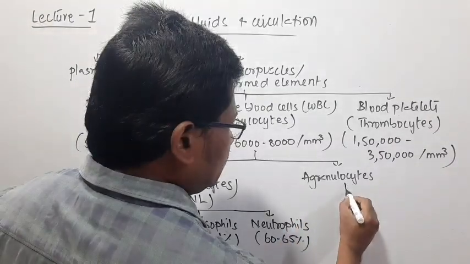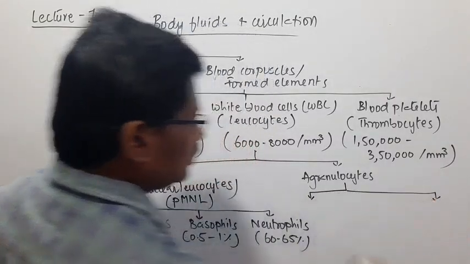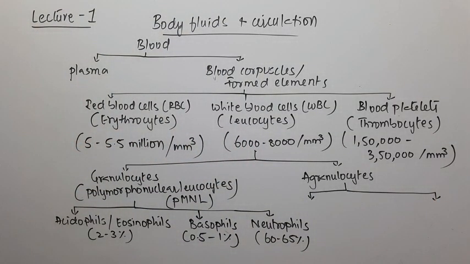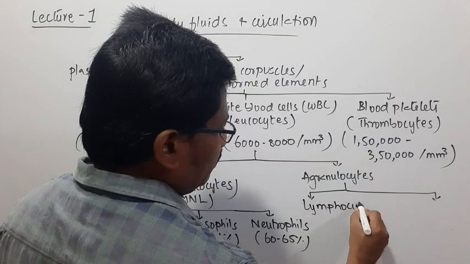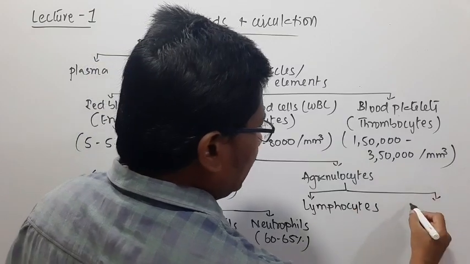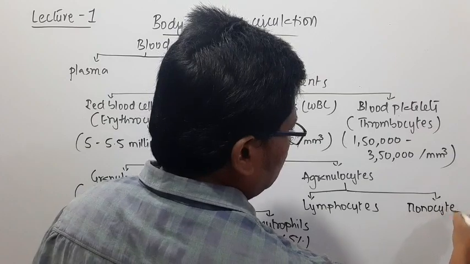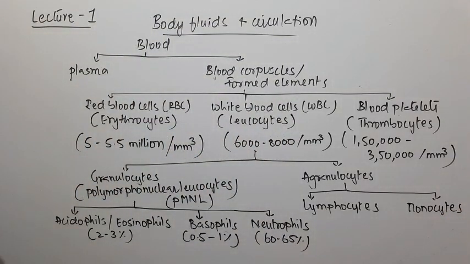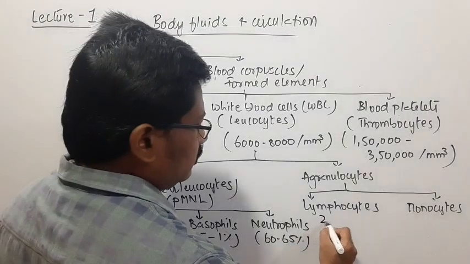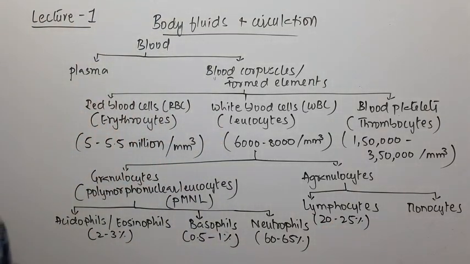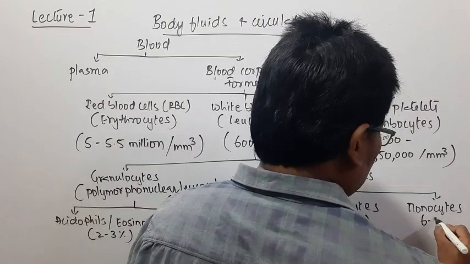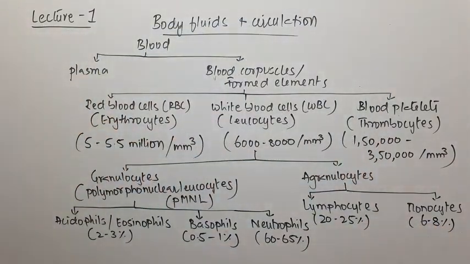Then coming to these agranulocytes. These agranulocytes consist of again two more types. One type is lymphocytes, and another one is monocytes. The lymphocytes will be constituting around 20 to 25%, whereas the monocytes are around 6 to 8%.